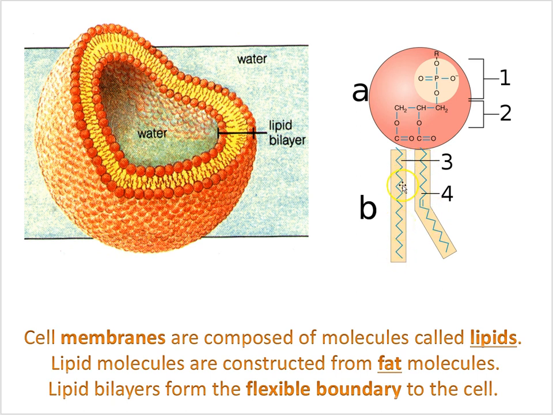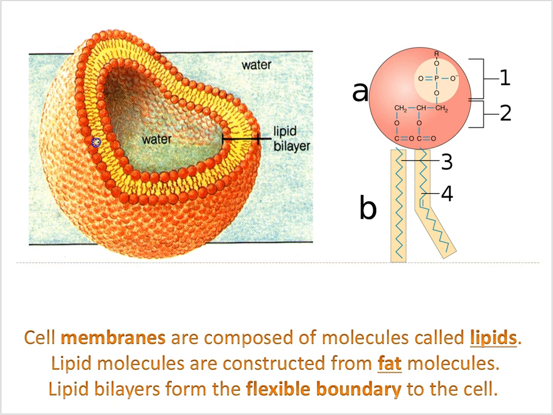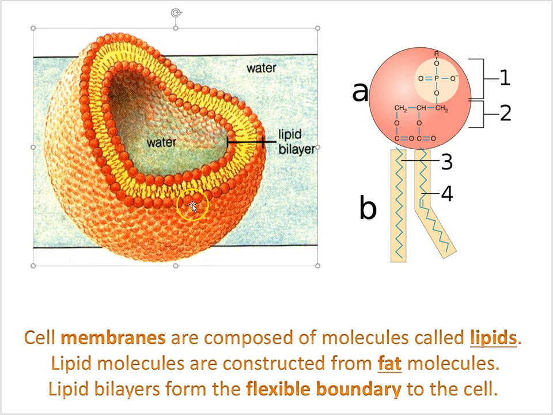They would rather get close to each other than be surrounded by water molecules, and that's what makes these lipid molecules assemble into this lipid bilayer. So notice the heads are at either surface of the lipid bilayer, and the tails are aggregated in the middle. The tails, in a sense, are trying to avoid water, but this creates a flexible boundary that can keep the contents of the cell inside.